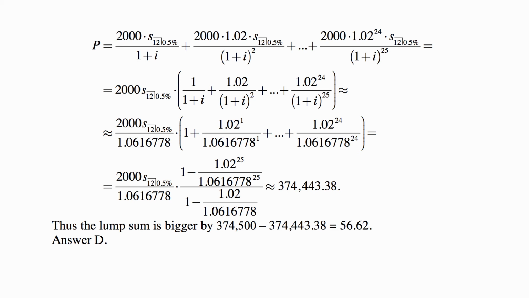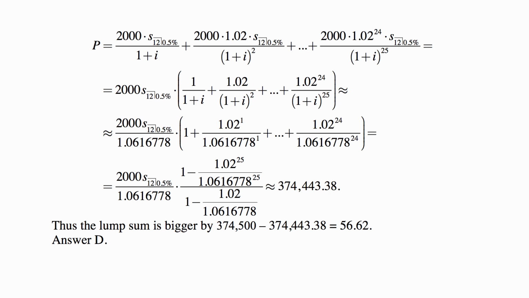And the quotient, the ratio, is 1.02 over 1 plus the interest rate. So we use that information about the interest rate, and we use the partial sum formula for a geometric series, and we actually have all the numbers now that we need to do the calculation.